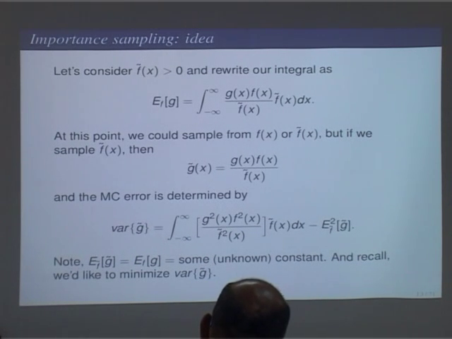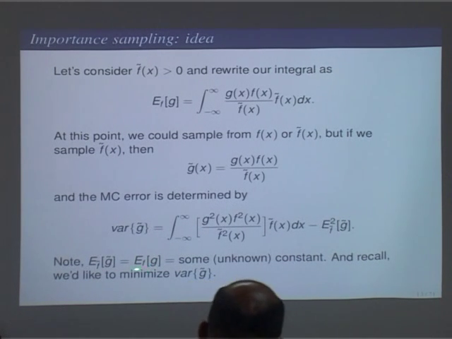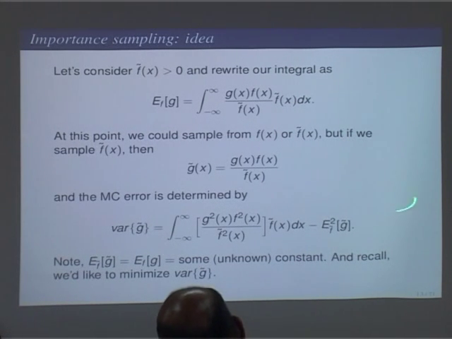So we're trying to reduce the variance of G tilde, and the expectation with respect to F tilde of G tilde is the same as the expectation with respect to F of G. All I did here was multiply by 1. I didn't change the problem. So we'd like to minimize this.